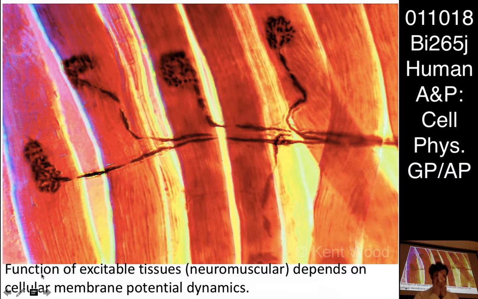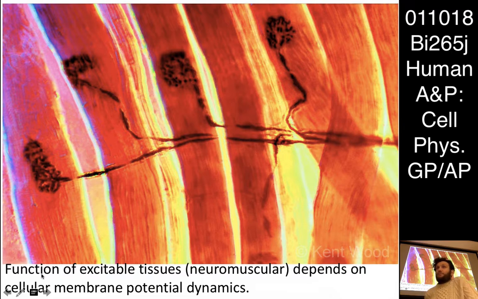So what you see here is a motor neuron in black with a cluster of 4 different telodendria synapsing on a muscle fiber. Each of those wide red bands are muscle fibers, skeletal muscle fibers.